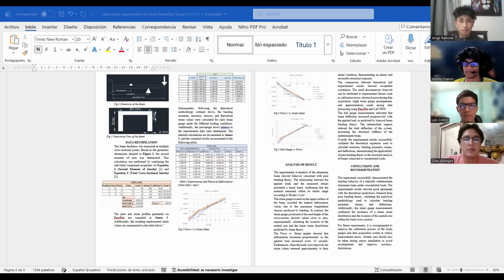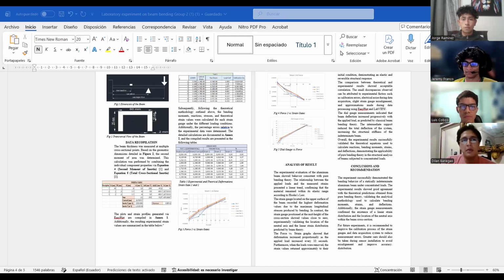Analysis of results. The experimental evaluation of the aluminum beam shown here is consistent with bending theory. The relationship between the applied loads and the measured strain presents a linear trend, confirming that the material remained within its elastic range according to Hooke's law. The comparison between theoretical and experimental results showed acceptable correlation.